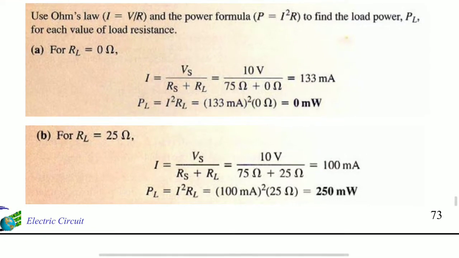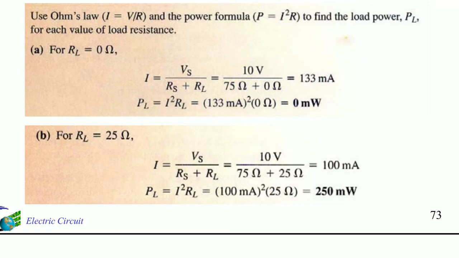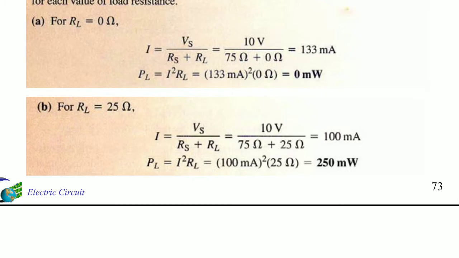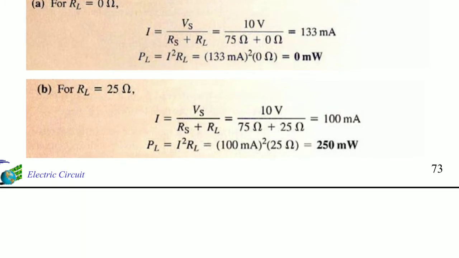Now the power formula: PL is equal to I square into RL, that is 100 milliamps whole square into 25 ohms, which is 250 milliwatts. So at RL equal to 0 ohms, the load power is 0 milliwatts, and at RL equal to 25 ohms, 250 milliwatts.